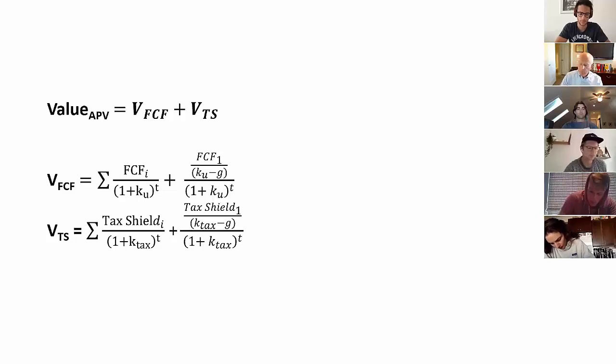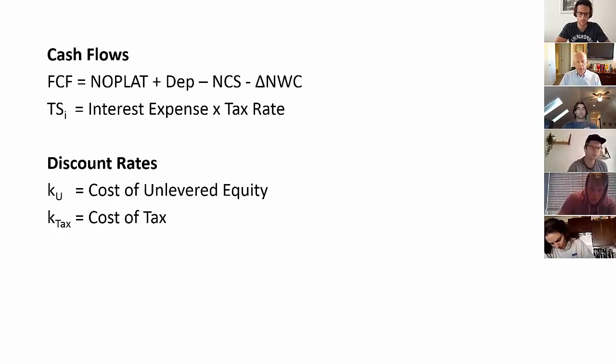So I want you to think about this. In at least one of the problem sets where you motivate this model, I'm letting you use WACC as though it was equal to K tax and KU. I'm not doing that because it's likely to be that way.